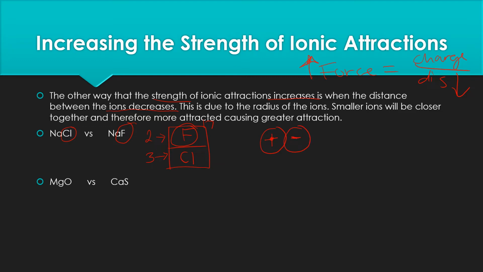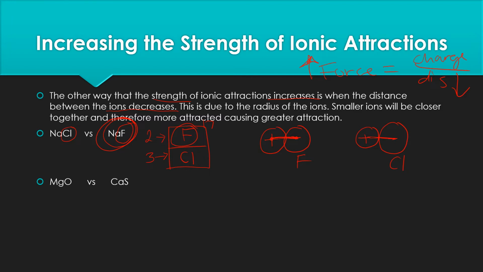The distance between their nuclei is going to be smaller than the positive sodium and the negative chlorine here, okay? So if this is fluorine and this is chlorine, since fluorine is smaller, we're going to have less distance between the two nuclei, so we're going to have more attraction between sodium and fluorine than we do with sodium and chlorine. So it's a stronger ionic attraction.